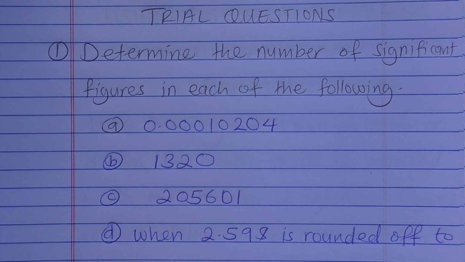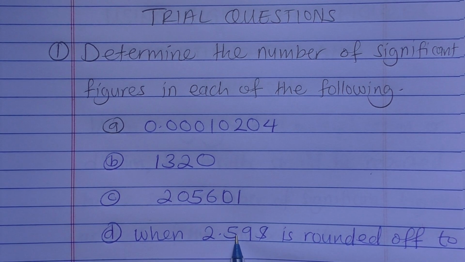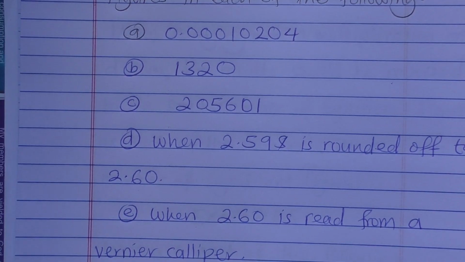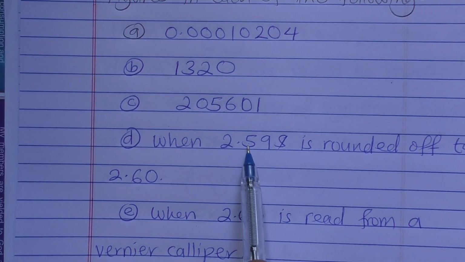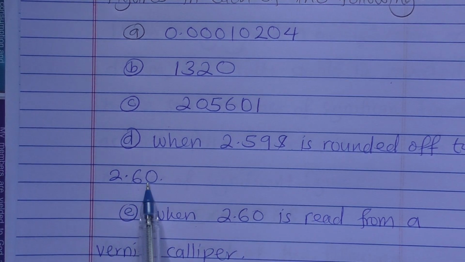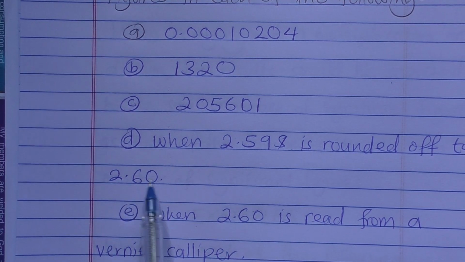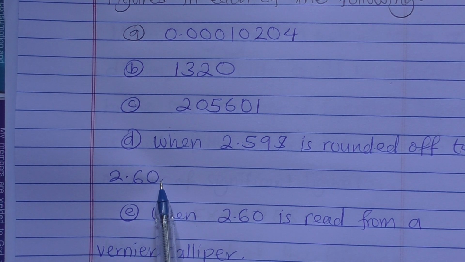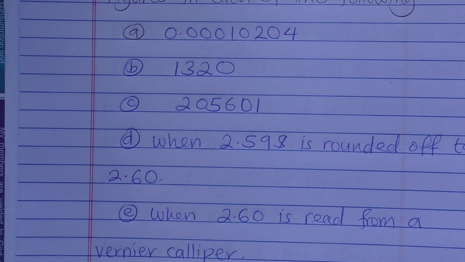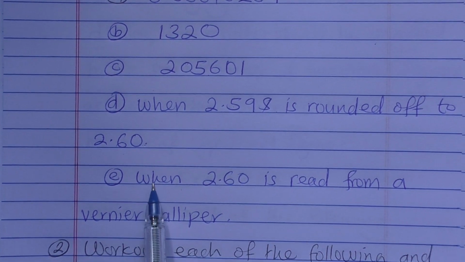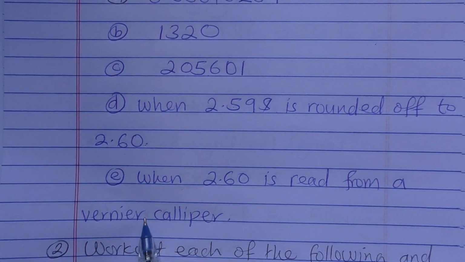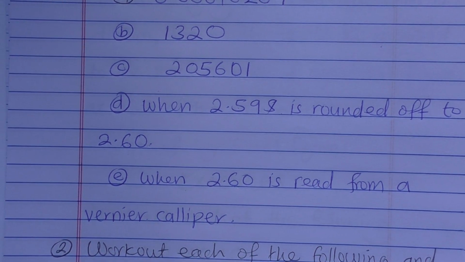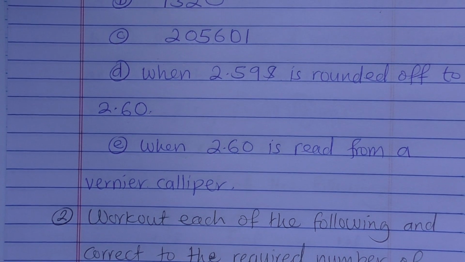And also, when we round off 2.598 to 2.60, how many significant figures are in the rounded off figure? Then when we read this from a vernier caliper, how many significant figures are these? So you are going to try out that.